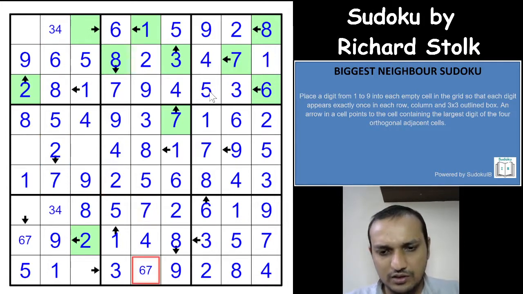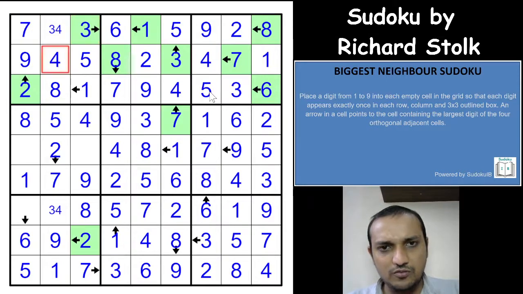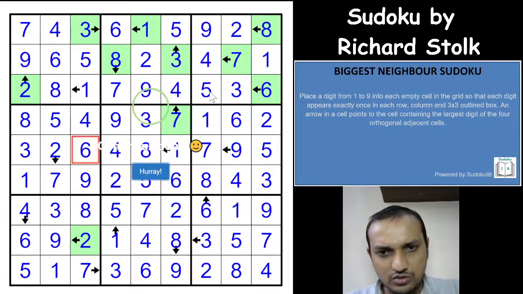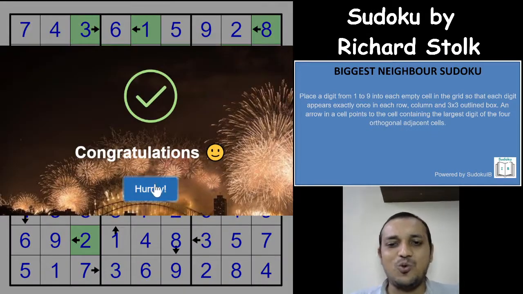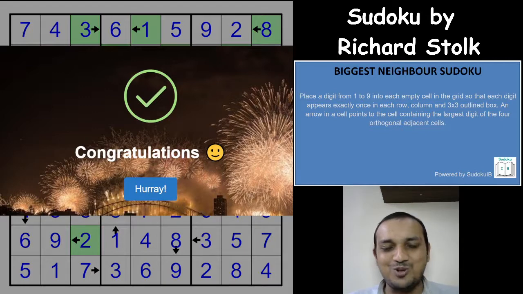So this is 7, 6, 7, 6, 7, 3, 4, 3, 4, 3, 6, and congratulations. Wow, that was an awesome Sudoku, guys.